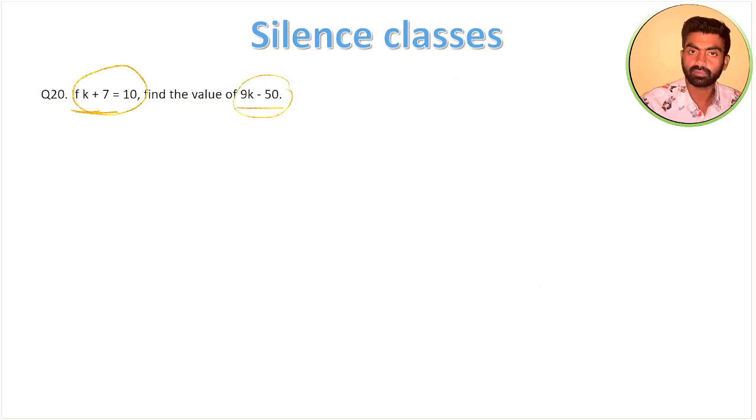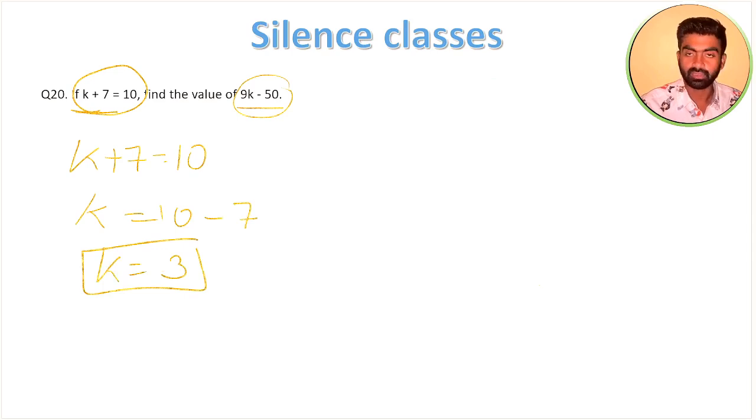So k plus 7 is equal to 10. So we can write it down, k is equal to 10 minus 7. Okay, so k is equal to 3. We got the value of k. Now just by putting the value of k in the expression which is given to us, we can find out the value of this.